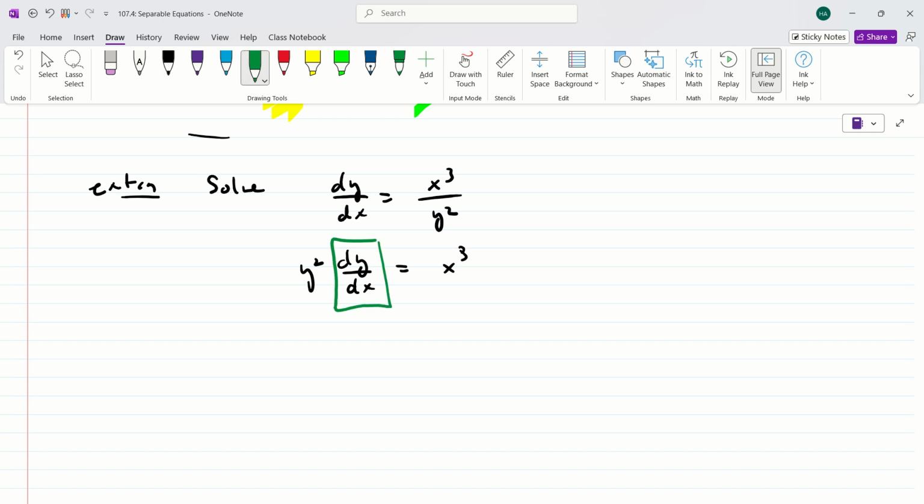But in practice, if we want to solve these differential equations, we're going to go one step further, and think about our dy dx almost as if it were a fraction. Technically this is not correct, and there's some calculus to validate our steps. We're not going to go through that validation. We're just going to use this shortcut. So thinking about dy dx as if it were a fraction, I'm going to multiply both sides by dx to get y squared dy is equal to x cubed dx.